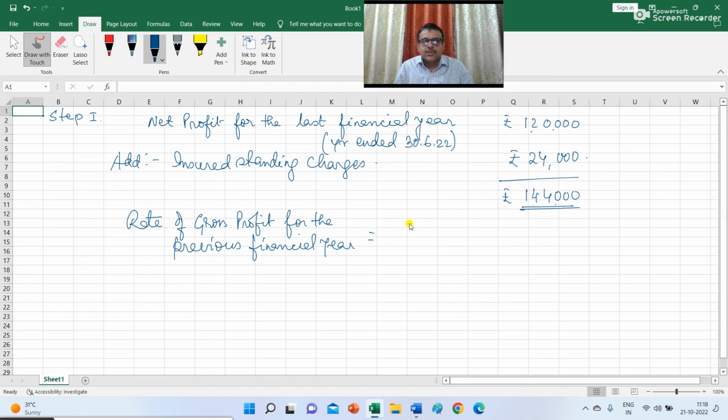This is equal to Rs 1,44,000 divided by 4,80,000 multiplied with 100. So what is this 4,80,000?